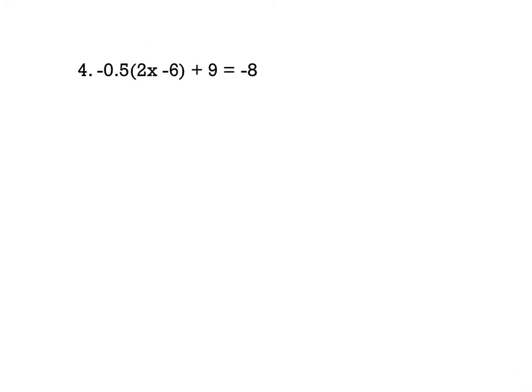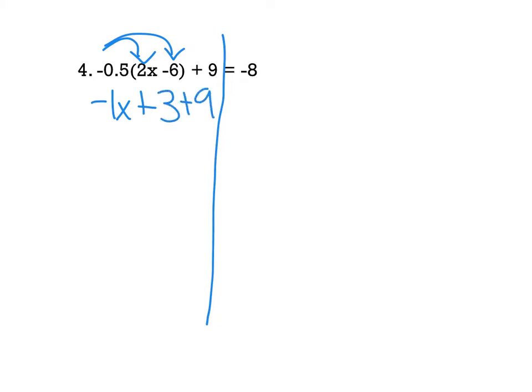On number 4, that is a negative 0.5 times 2x minus 6, and then plus 9 equals -8. Show sides. Remember to do distributive first, which is going to give you a negative 1x, then plus 3 plus 9 equals -8. Combine like terms.